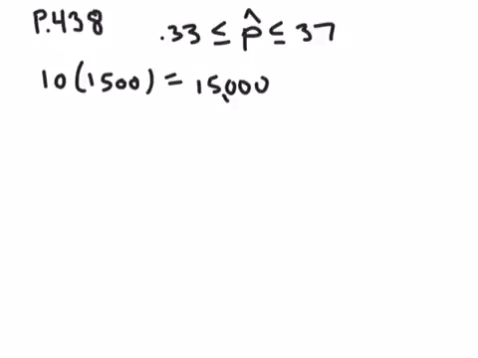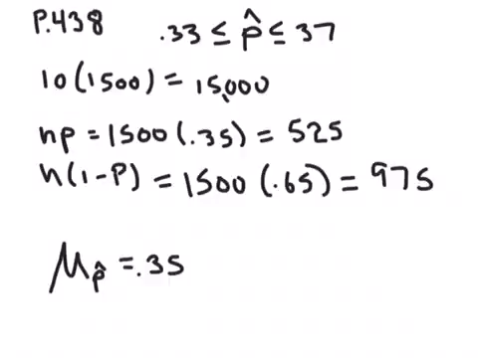Also, we have to say, can we assume normality? Now the way that we can do that, and we did this before Christmas break, is we take our percentage. To assume normality, we say the number in our sample times the percentage.